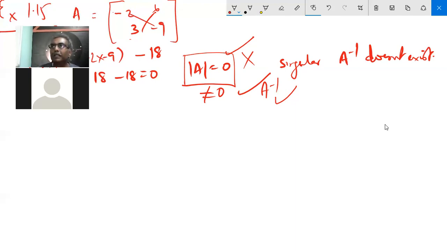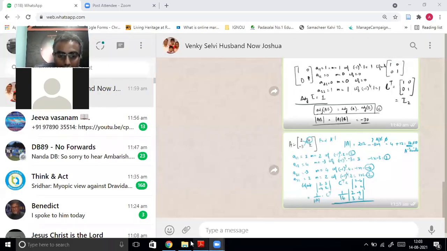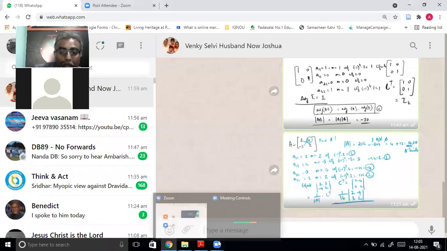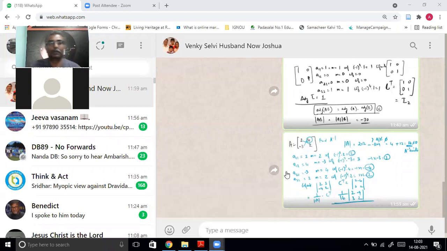Example 1.13, exercise 1.3 is not there in the syllabus. But in your school, did they do exercise 1.3 or did they skip it?